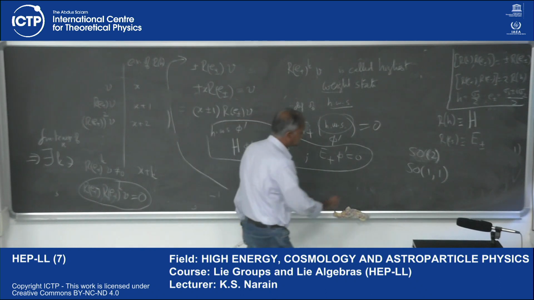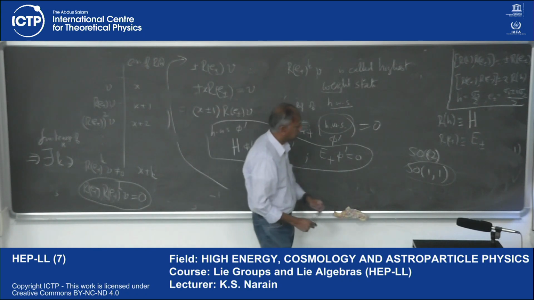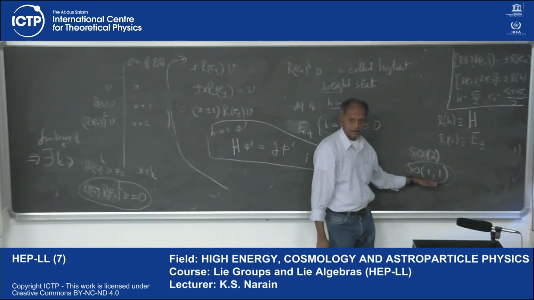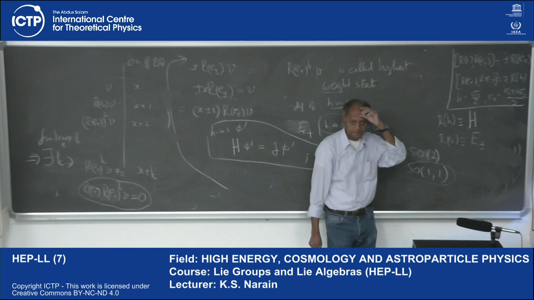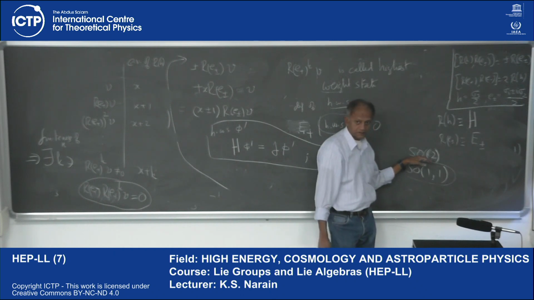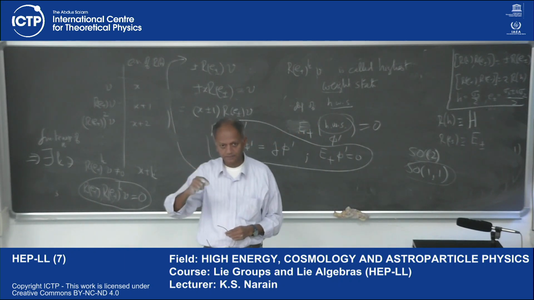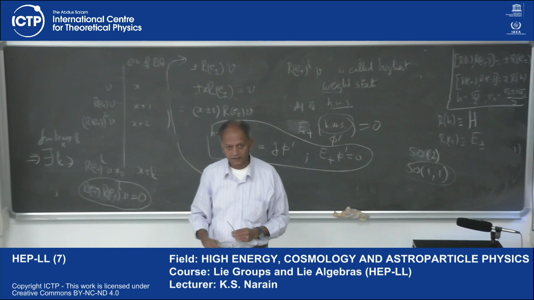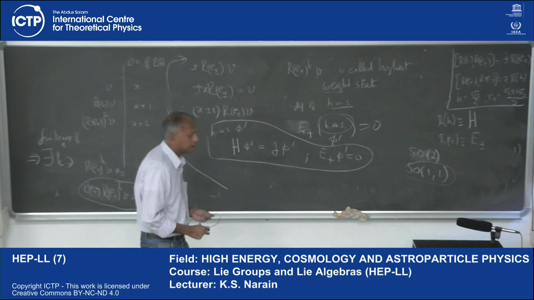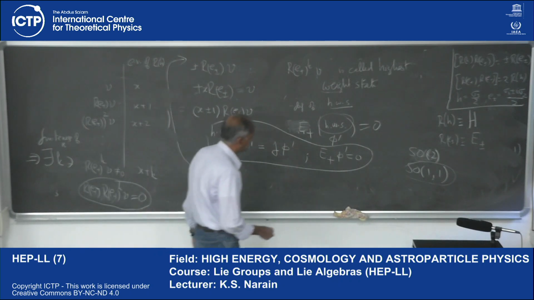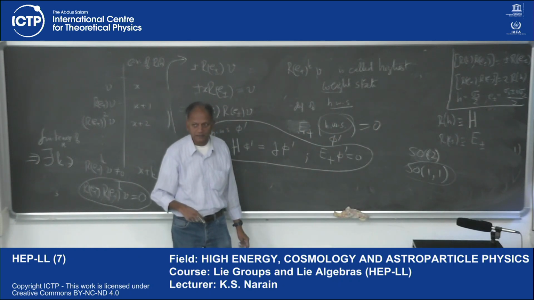Now this group is non-compact. So it turns out that all the representations of this are infinite dimensional. They don't have finite dimensional representations. But for the compact groups, which is what we in particle physics realize as internal symmetry groups, compact groups always have finite dimensional representations. You can have unitary representations which are finite dimensional, whereas for the non-compact, you don't have any unitary representation which is finite dimensional.